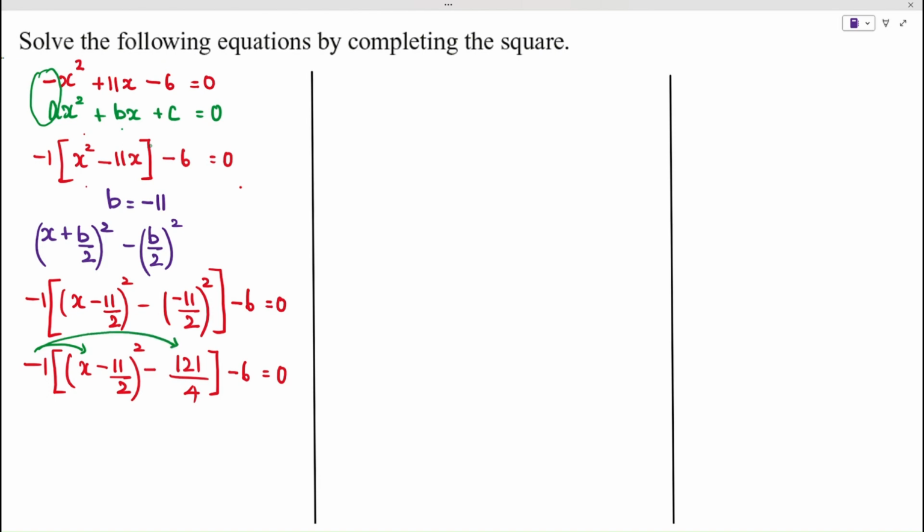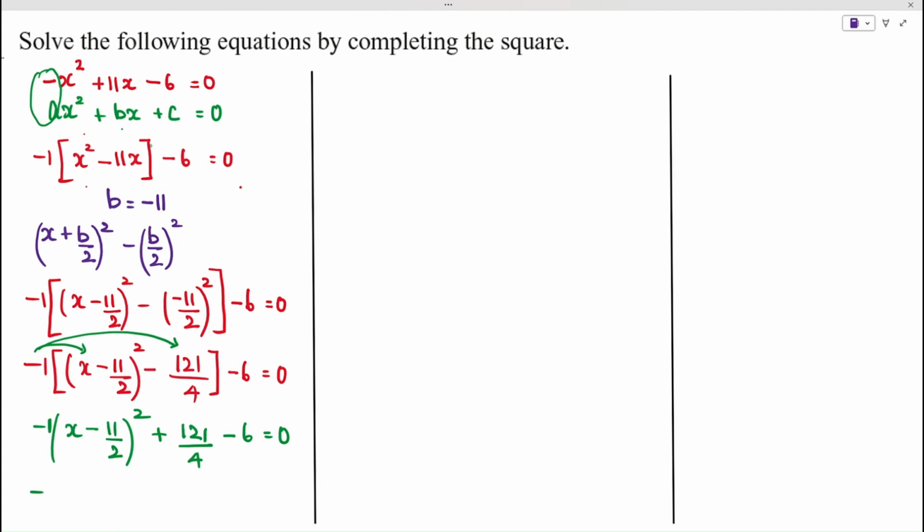And with this we get minus 1 times x minus 11 over 2 the whole squared plus 121 over 4, minus 6 is equal to 0.